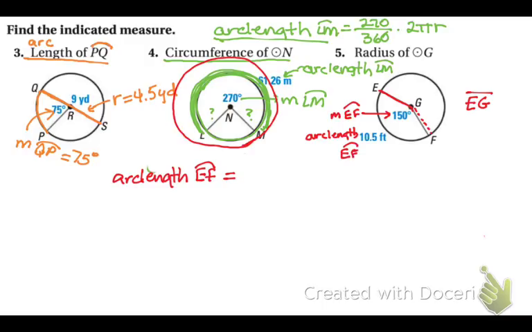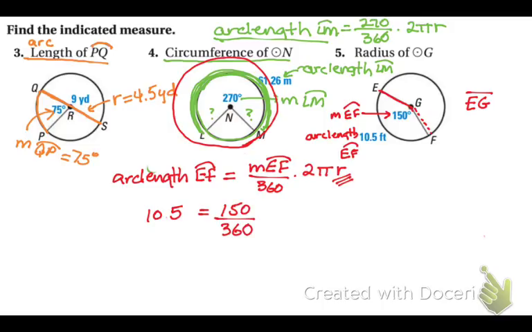So our arc length of EF is going to be equal to the measure of EF divided by 360 times 2 pi r, and we are solving for r. We're given our arc length of EF is 10.5 feet, which is equal to the measure of EF, which is 150, divided by 360, times 2 pi r.